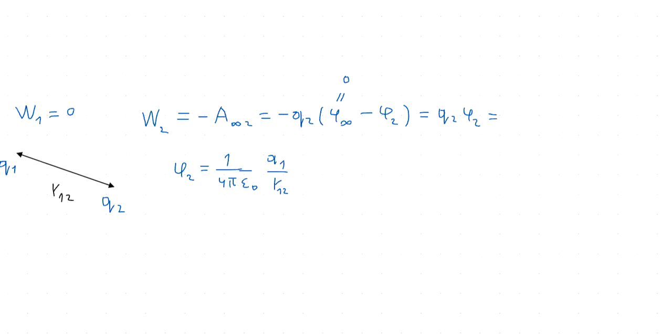So from here we have that the potential energy of the two charges will be equal to Q1 Q2 divided by R12.